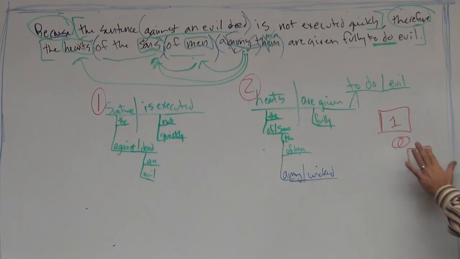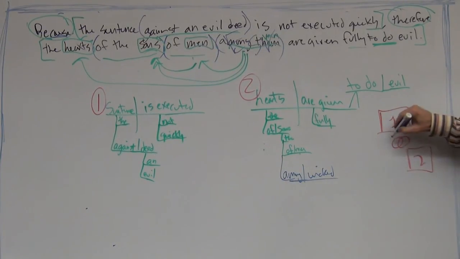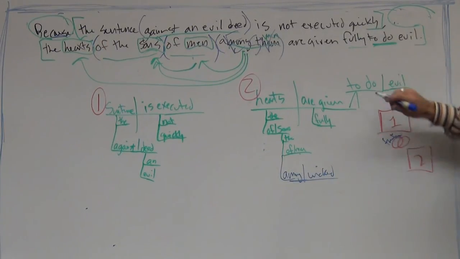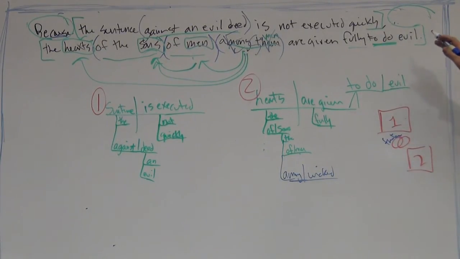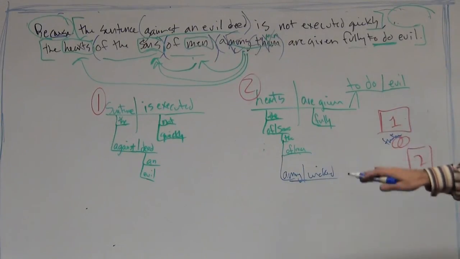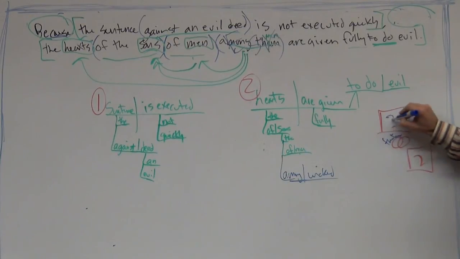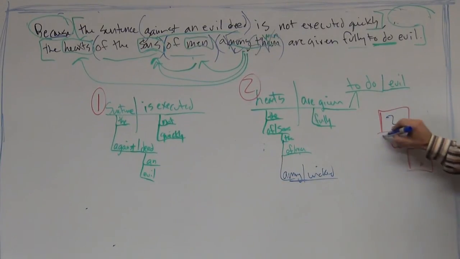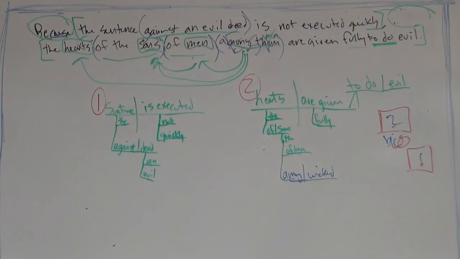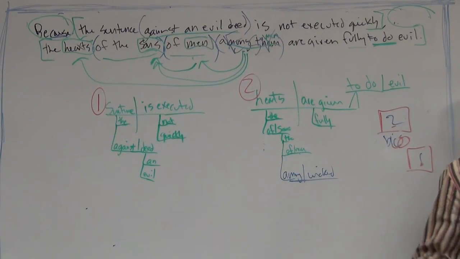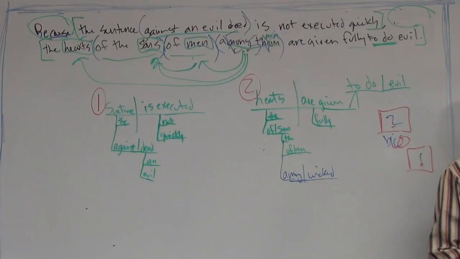Then we say, 1, therefore, 2. If therefore isn't there, and we have because the sentence against an evil deed is not executed quickly, hearts are given to evil, then we would say 2 because 1. Does that make sense? It all depends on which conjunction is being used. Both conjunctions are being used, and it makes an awkward English sentence.